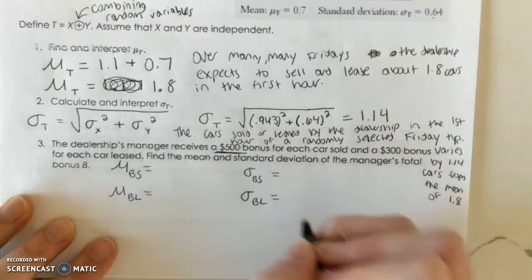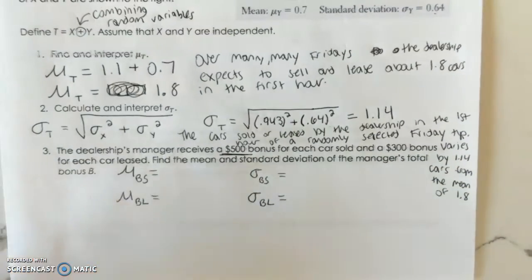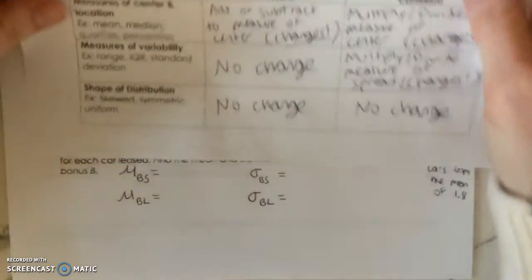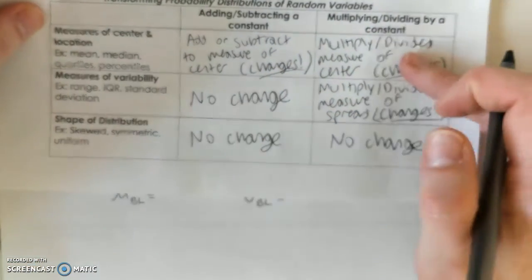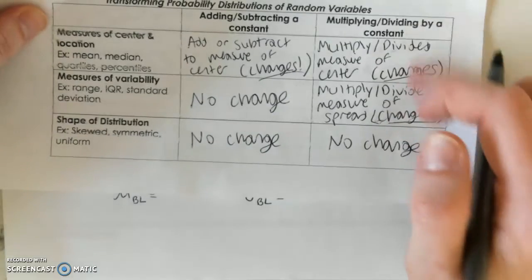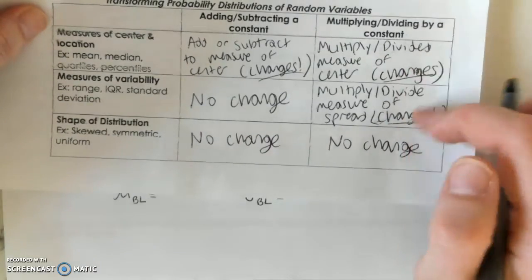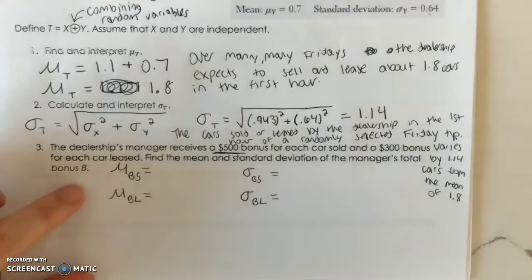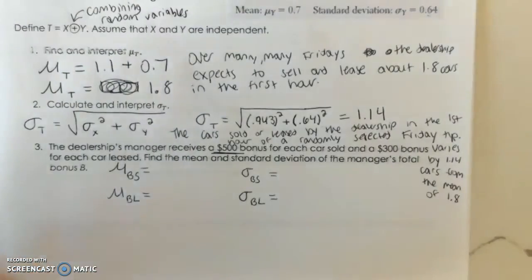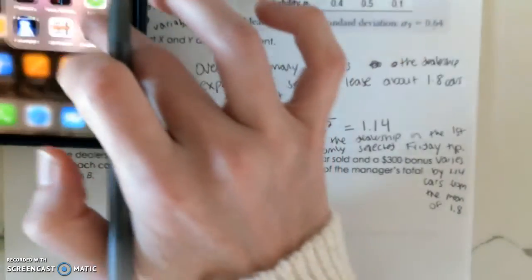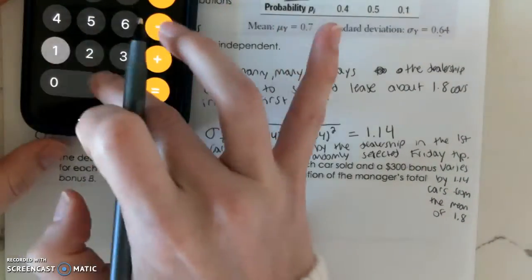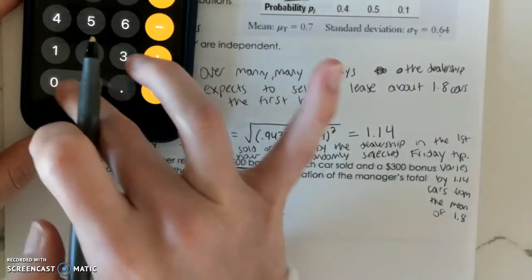All I'm doing is multiplying by 500. So I'm going back to my original chart about transforming. If I'm multiplying, my measure of center and my measure of spread change. So I'm multiplying everything. My original mean for x was 1.1, so I'm going to do 1.1 times 500.